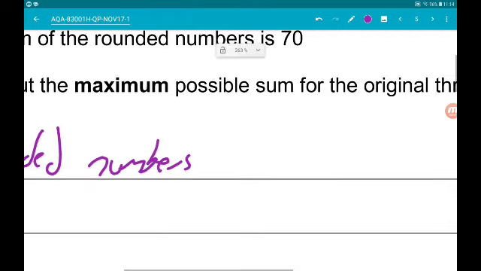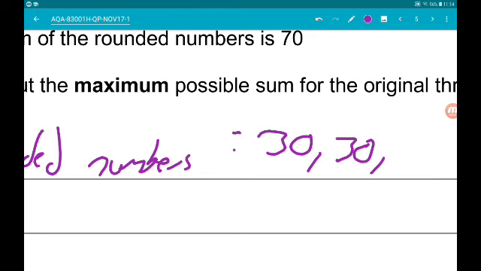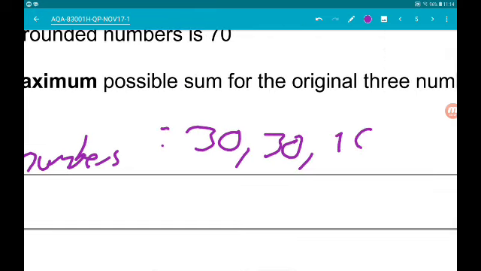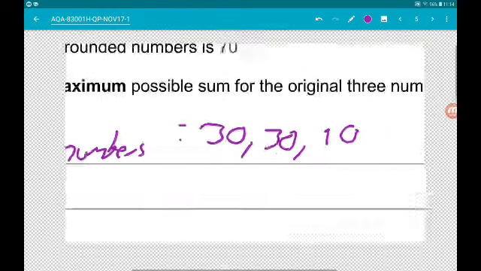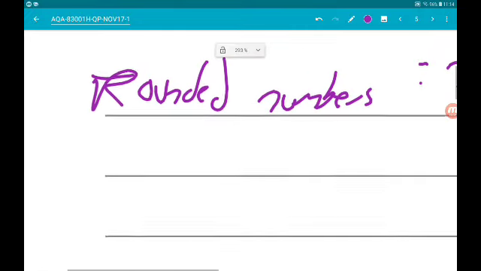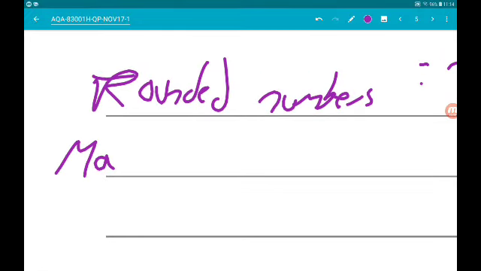So we literally need 3 multiples of 10 that add together to give us 70. So I'm just going to go 30, 30 and 10. It didn't say that they had to be different. Now we want the maximum value for the 3 original numbers, so before they were rounded.